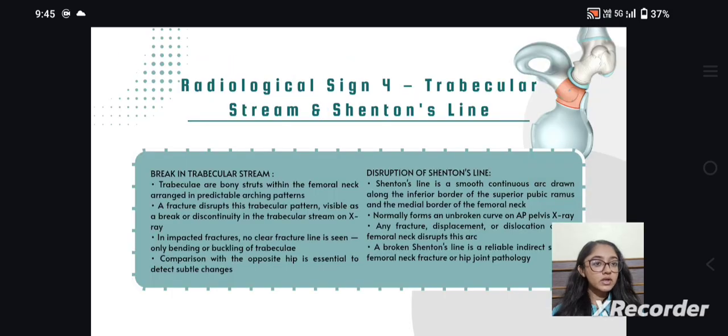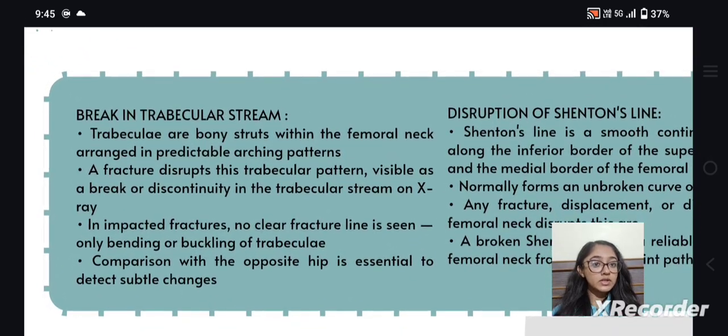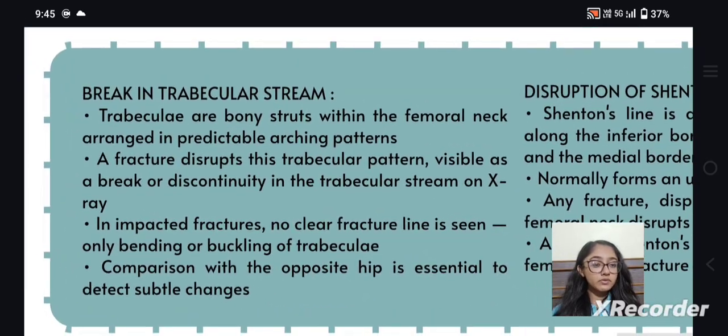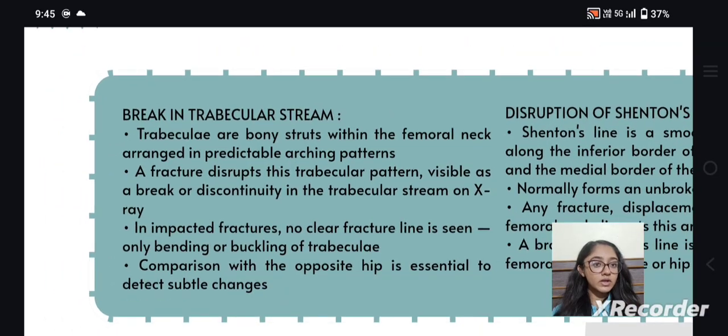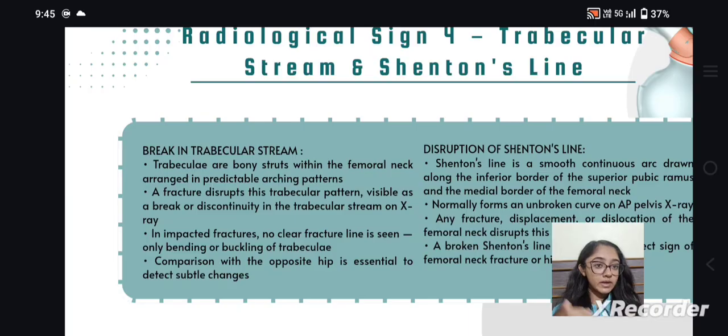Then sign number 4, trabecular stream and Shenton's line. First, trabeculae are bony struts within the femoral neck, arranged in predictable arching patterns. A fracture disrupts this pattern, visible as a break or discontinuity in the trabecular stream on the X-ray.